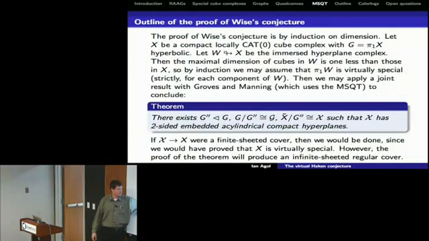Here I didn't explain acylindrical, but that means the fundamental groups of these hyperplanes are sort of mutually malnormal. If this was a finite-sheeted covering space, then we'd be done, because we'd have these embedded hyperplanes, and then a quasi-convex hierarchy, and then you apply Wise's theorem. But now I've just created this infinite-sheeted covering space, so it doesn't seem like that much progress.